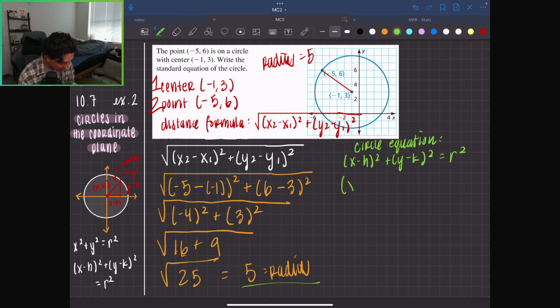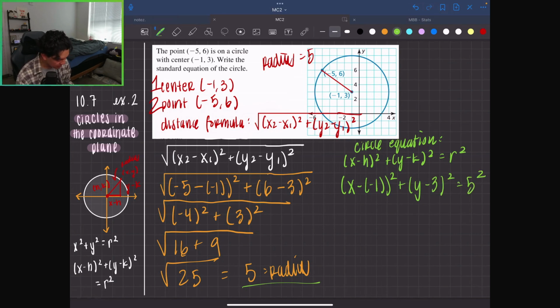So x minus h, so what is our horizontal shift here? Our horizontal shift for our center is -1, so it's just going to be x minus -1 squared plus y, what is our center at? Oh, +3. So it is y minus 3 squared equals r squared. What is our radius? 5 squared.